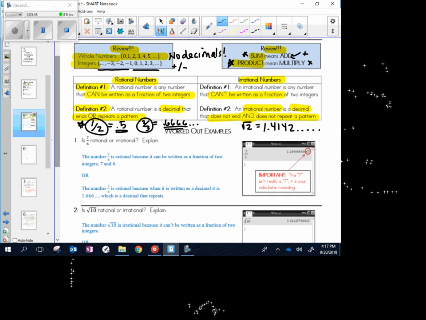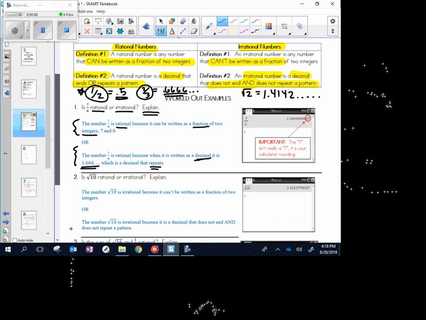So here's a couple of ways that the Regents asked questions with explaining, and you have to show some words. I gave two possible answers. Is 7/6 rational or irrational? Well, I think it's rational because it's a fraction of two integers. You could also say, I change it to a decimal, and I got this, which is a repeating decimal.